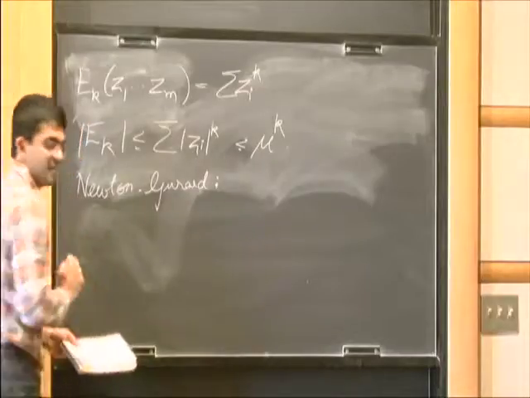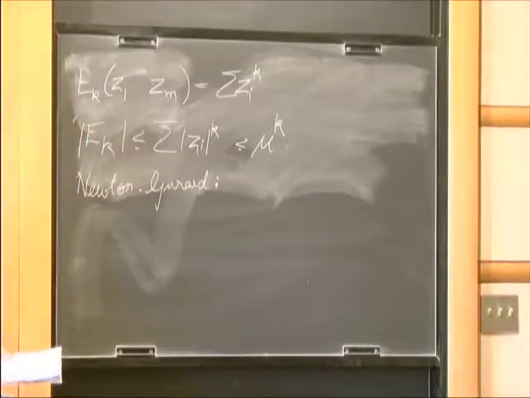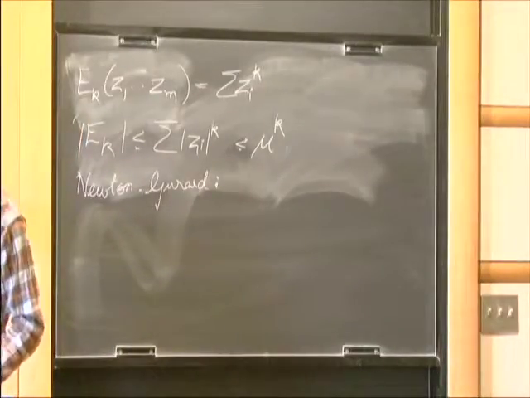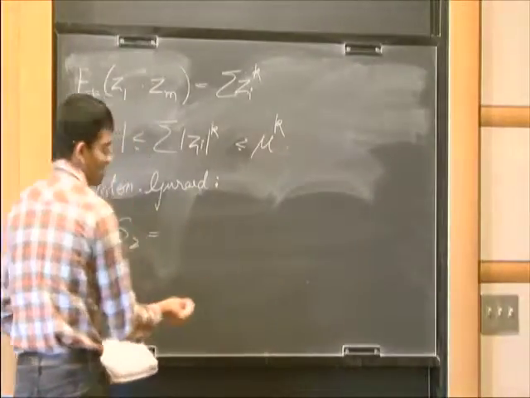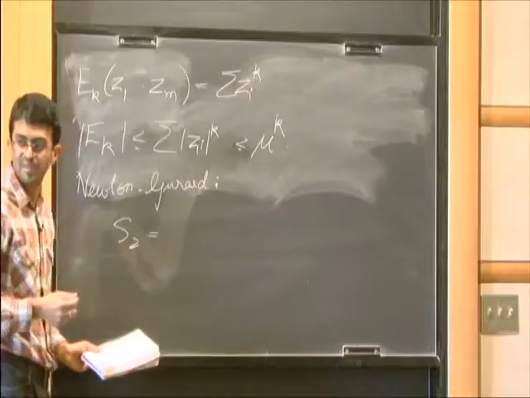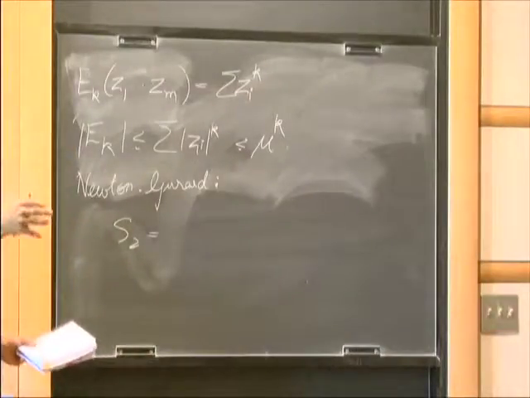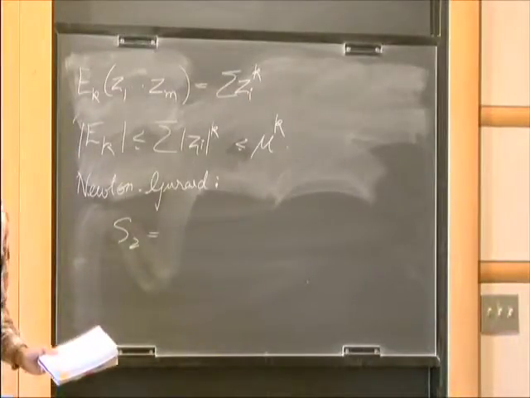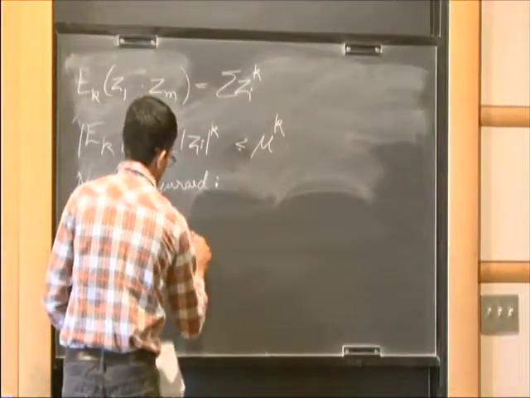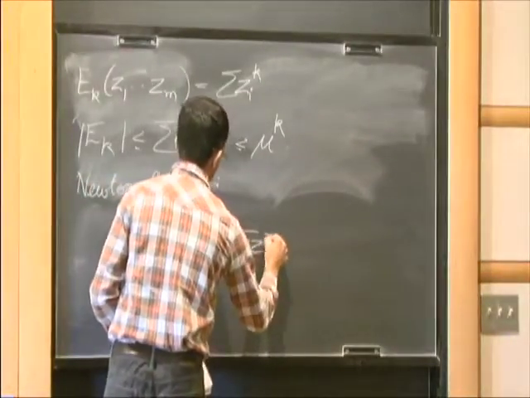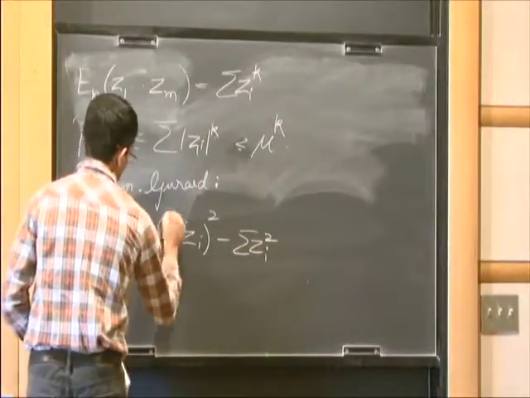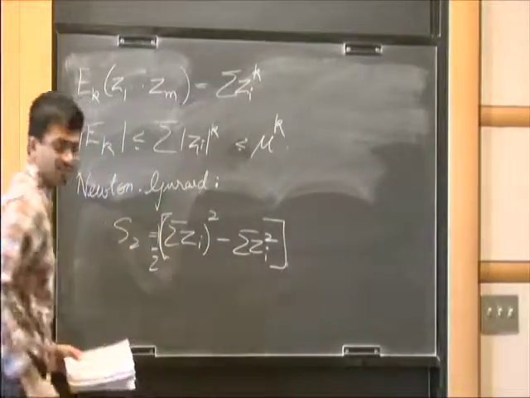Okay, so the Newton-Girard identities, the simplest case is how do you bound S_2 once I have a bound on these two, right? Well, let us take the sum of the z_i's and square them, and then I'll get all these cross products and I'll get square terms which I have to cancel out. So it is the summation of z_i, squared, minus the sum of the z_i squared, and I have to divide by half, right?